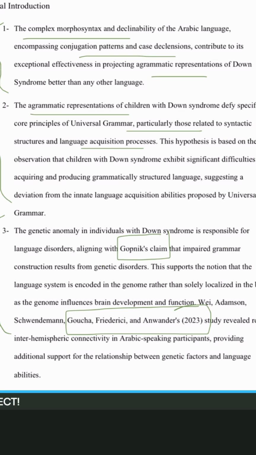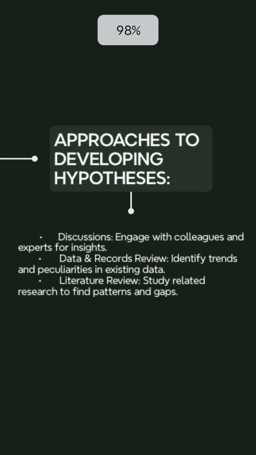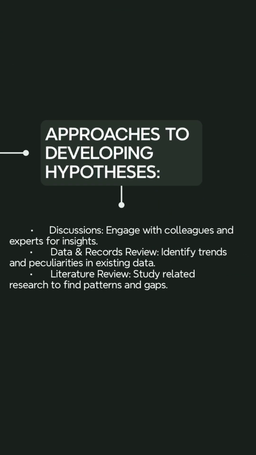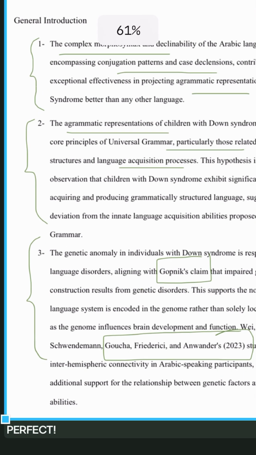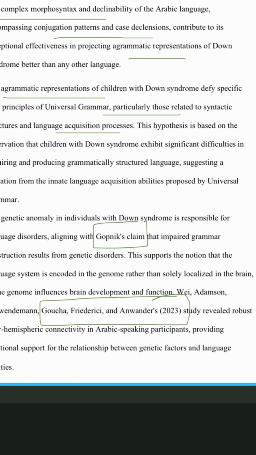Okay? Now this Gopnik, this is a reference. This is so important, guys. We've already stated here in approaches, where is it? We said data and records review and literature review, because you can integrate that in the hypotheses. And so in here, referring to Gopnik's claim about genetic disorders and grammar construction, etc., gives the hypothesis a solid foundation.